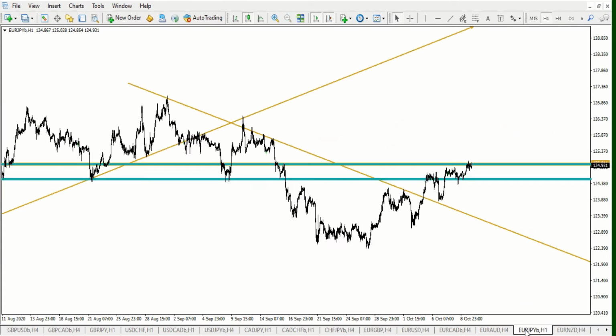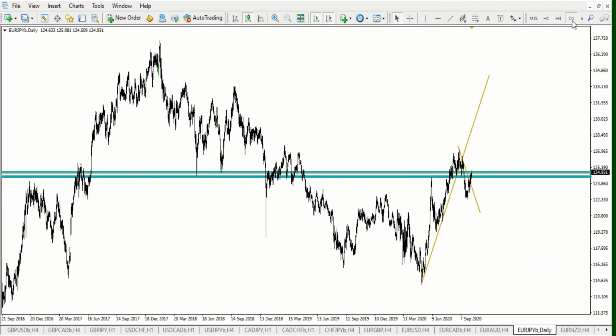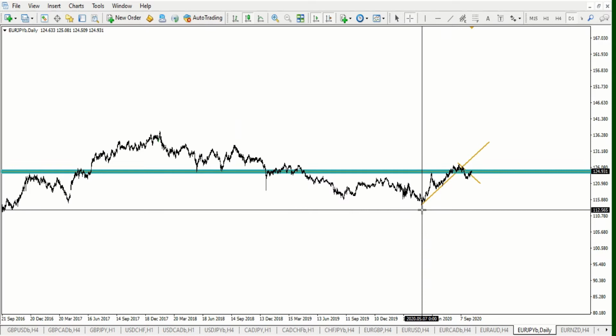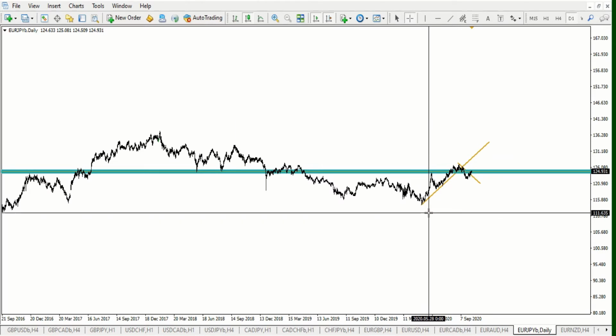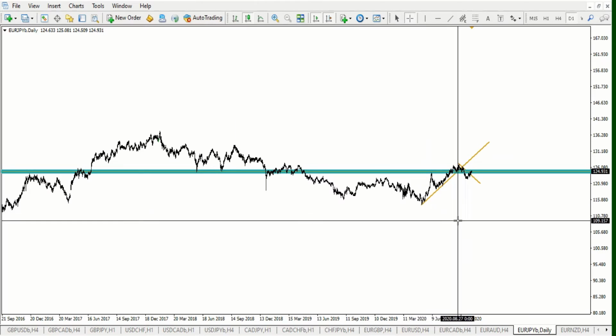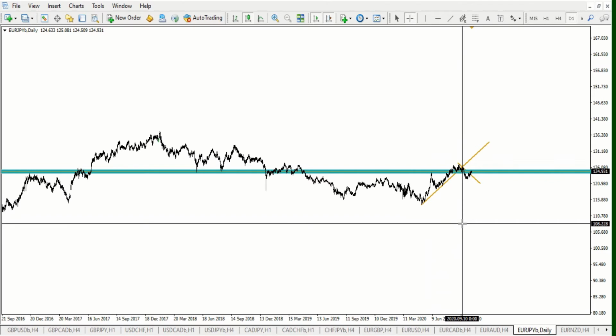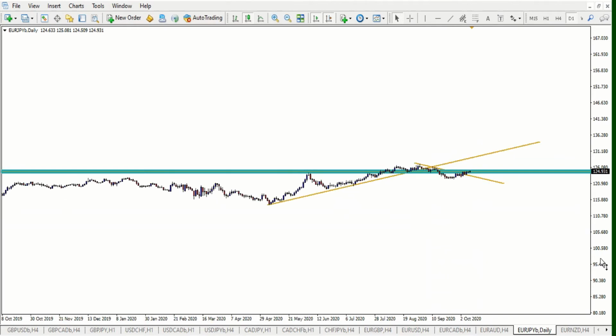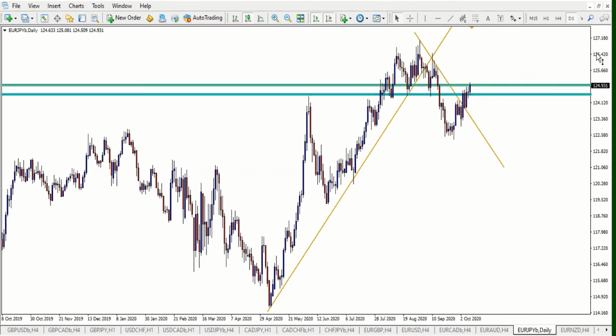And the next pair we could be looking at is the euro and the Japanese yen. So for this one, if we go to the daily, we can see that the market is moving on a strong uptrend, right? And this uptrend kind of lost steam. Well, it was going from about May until September, right? Then it kind of lost steam in September, okay, where the bears were starting to take control of the market.